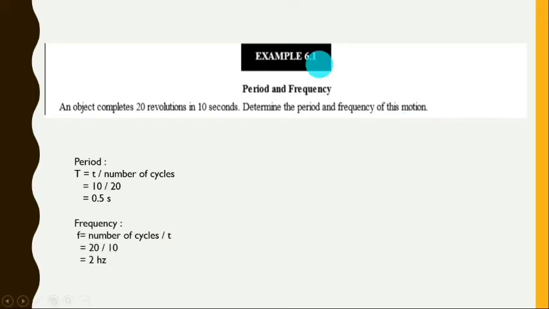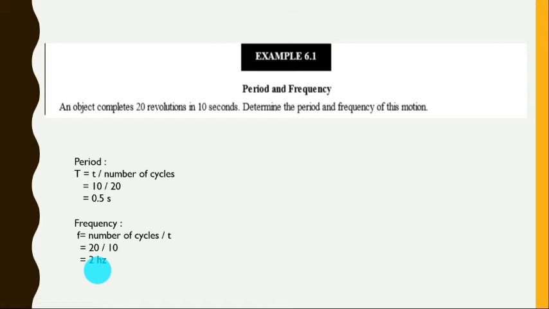The first way, you can use the normal formula, frequency, number of cycles over time. So here we have 20 over 10, the answer is 2 hertz. Or you can just say period equals 1 over frequency. Frequency equals 1 over period. So the period is 0.5, 1 over 0.5, the answer is also 2 hertz.